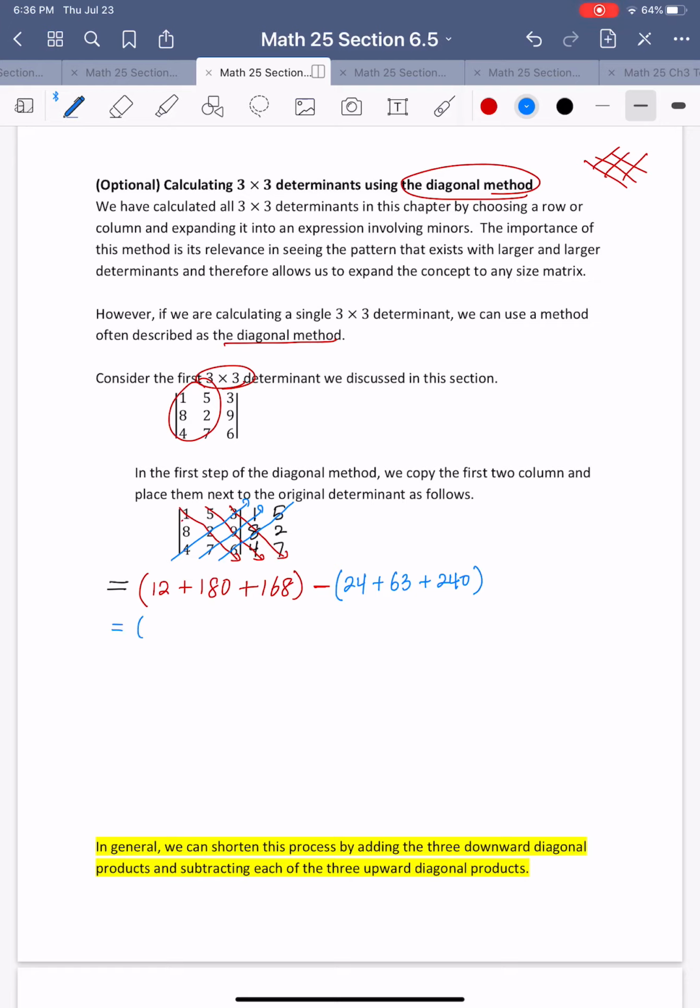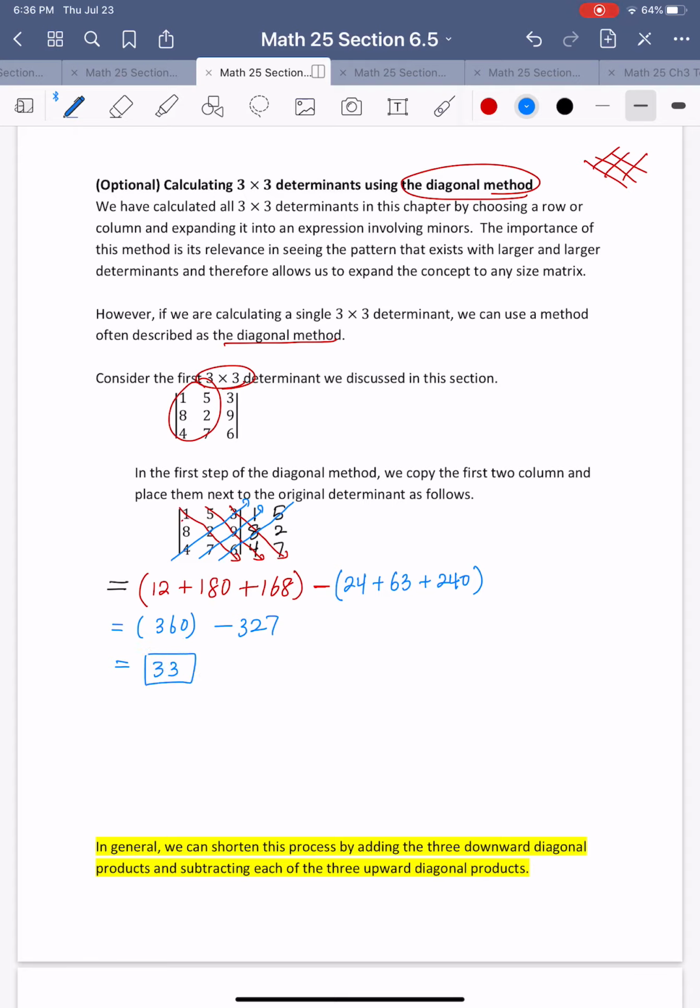So inside I got 12 plus 180 plus 168, I got 360. Subtracting 24 plus 63 plus 240, 327. And then you subtract each other. I got 33. So this is the answer. I think that we have 33, right?